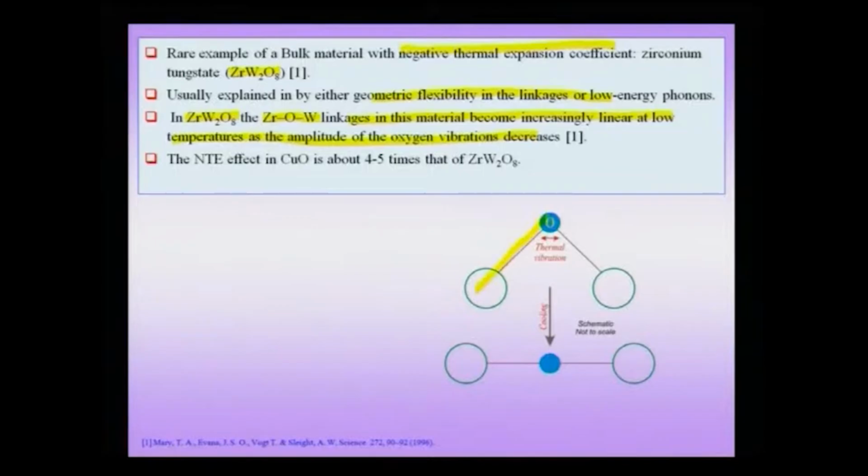Now, this is a schematic explaining this effect. There is a molecule which is in angular form, in which the oxygen is shown by this blue sphere, and what happens when you cool this material is that the molecule tends to become progressively linear.